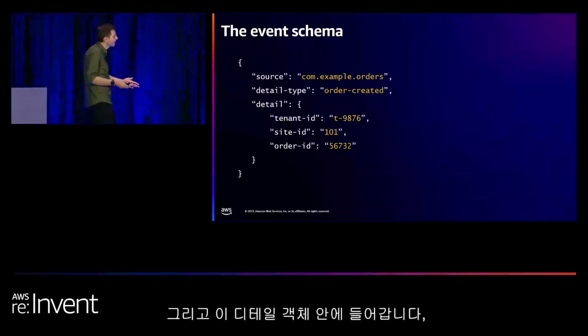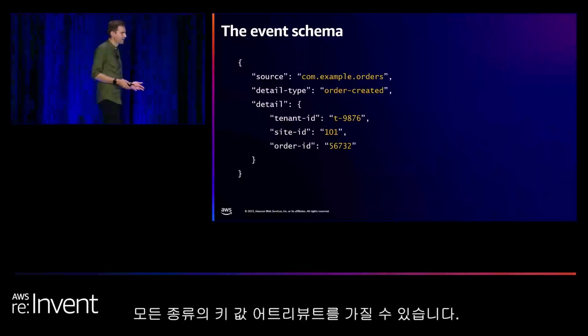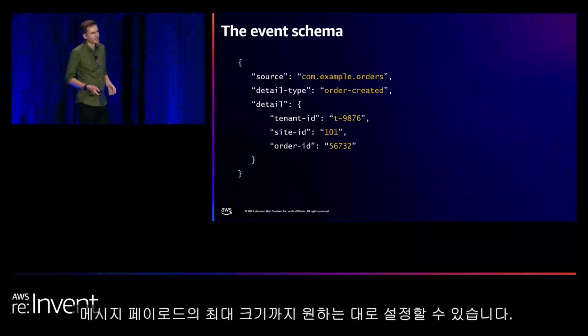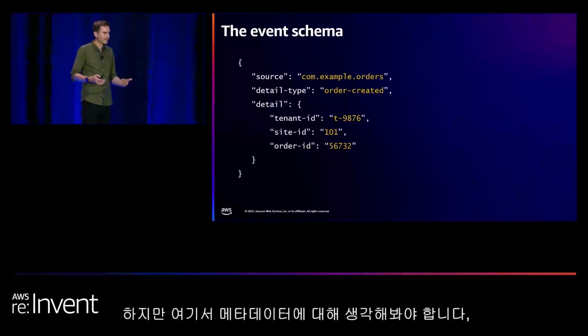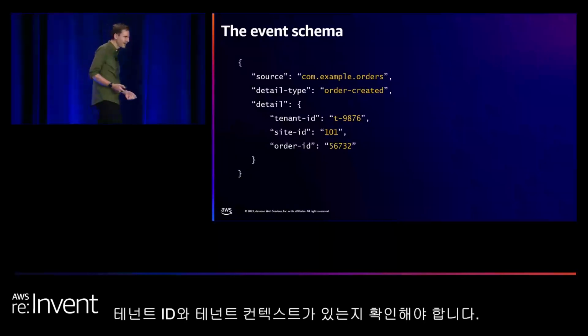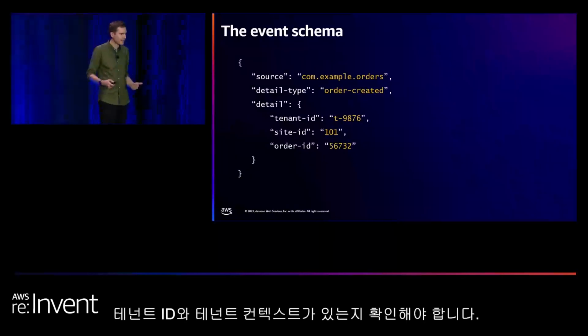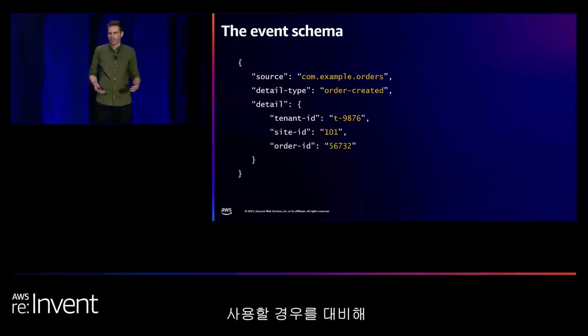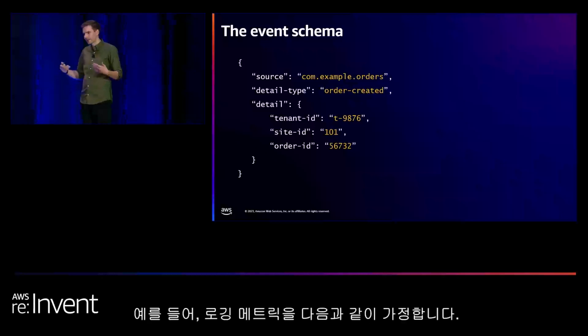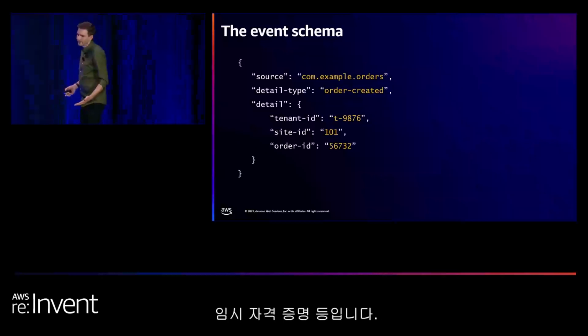And then inside this detail object, we can have any kind of key value attributes that we like, up to the maximum size of the message payload. But here is where we should think about our metadata, making sure that we have that tenant ID, that tenant context, to pass through to downstream services in case they want to use it, for example, logging, metrics, assuming temporary credentials, etc.